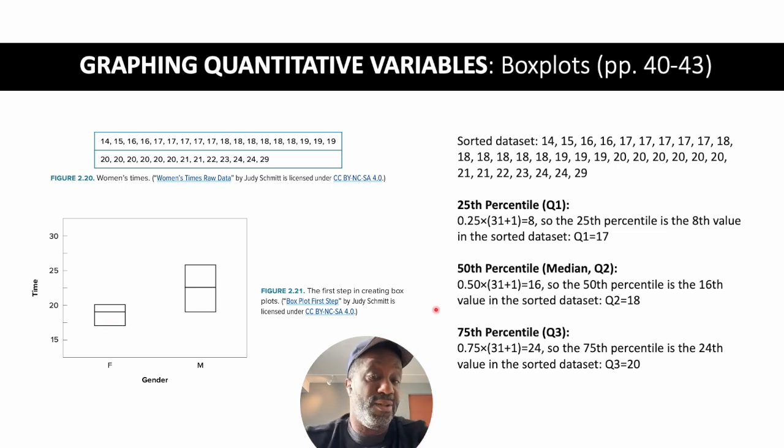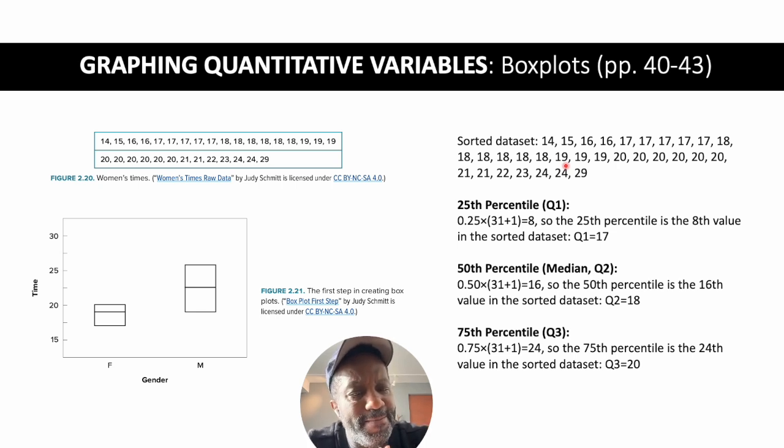And it's a similar formula, except for the 50th percentile, instead of 0.25, it's 0.50 times 31, which is the number of the data set, plus 1, which is the interpolator, equals 16. So the 16th number in the ordered set is the 50th percentile. 1, 2, 3, 4, 5, 6, 7, 8, 9, 10, 11, 12, 13, 14, 15, 16.